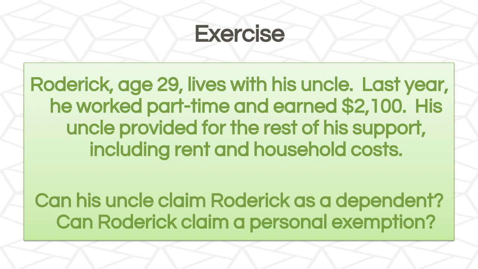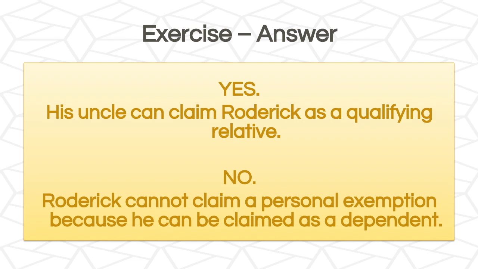And it turns out that yes, his uncle can claim Roderick as a qualifying relative. And that's because Roderick meets all the tests for qualifying relative, which also implies that Roderick cannot claim a personal exemption because he can be claimed as one type of dependent.